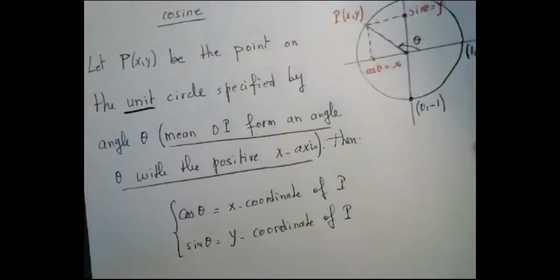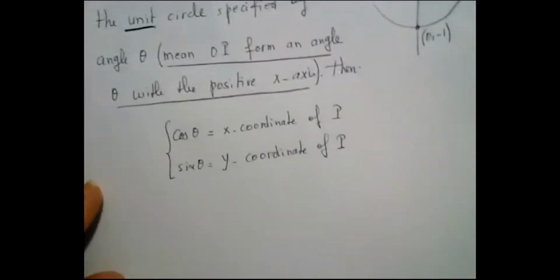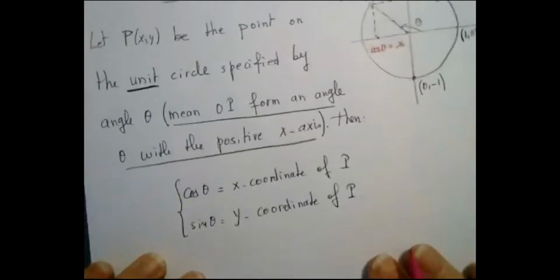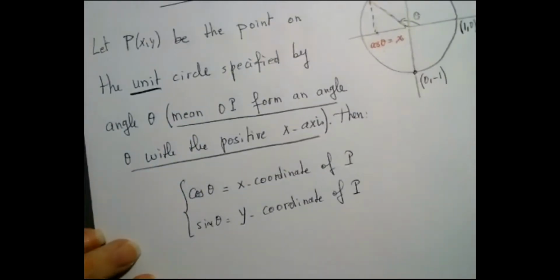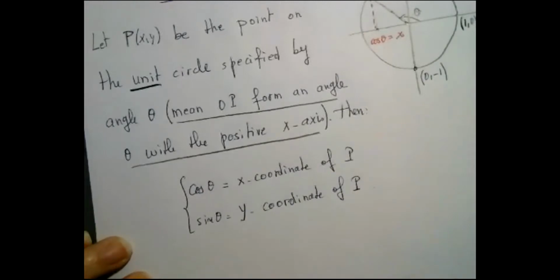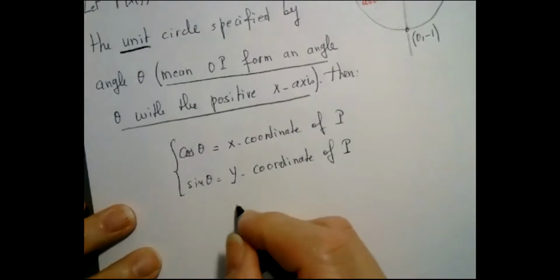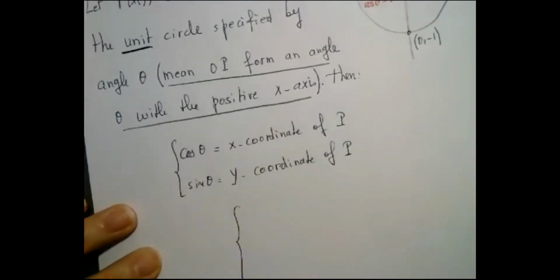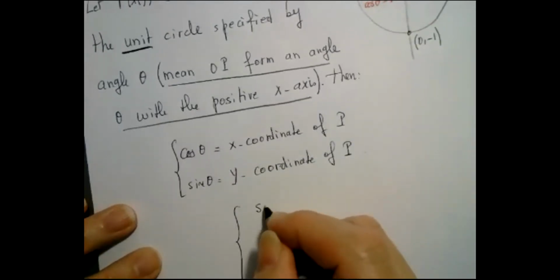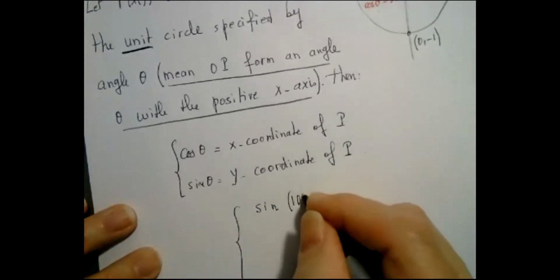Before we take up number 23 and problems along those lines, a very quick question for you, and I'm going to pick a student. I'm going to give you angles and you have to tell me whether the number is positive, negative, or zero. Suppose I give you sine of 100 degrees.